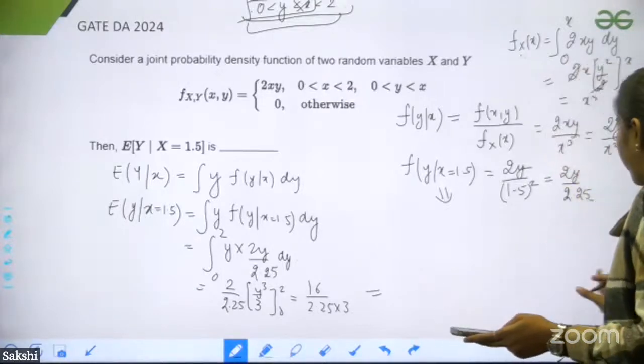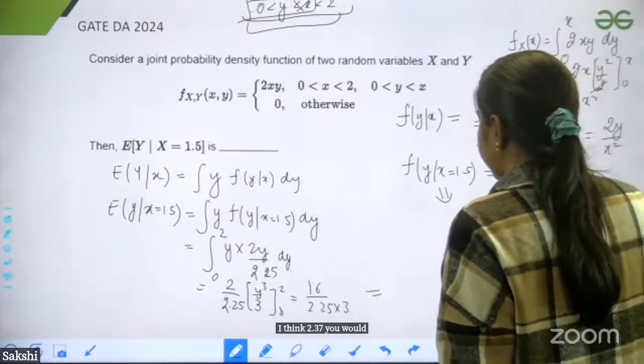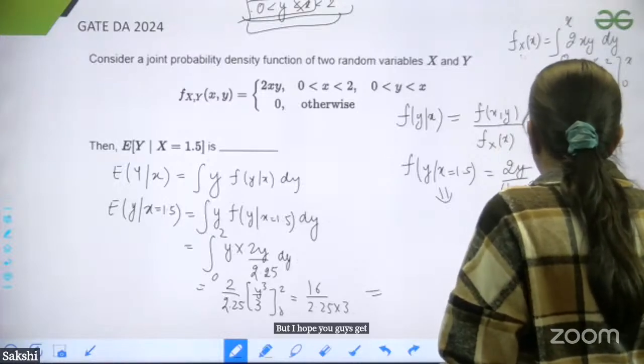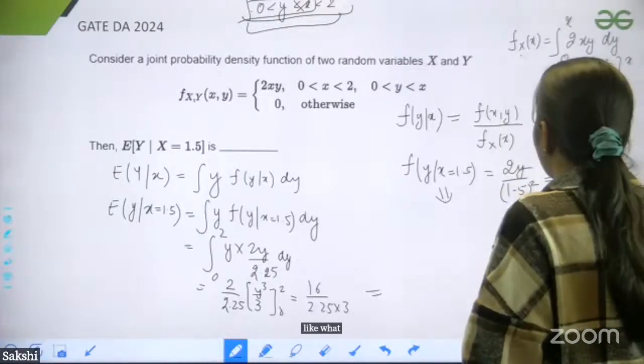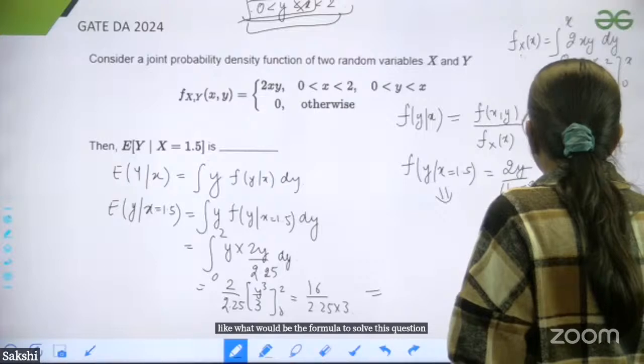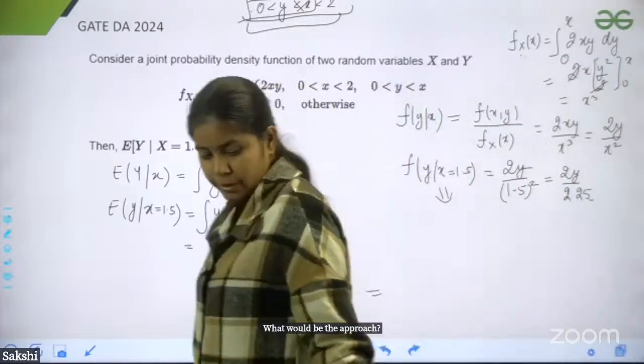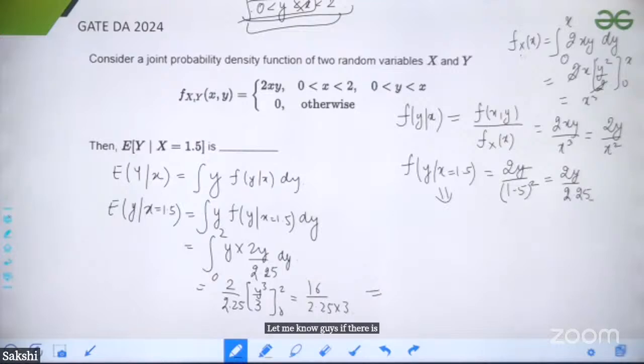I think you would get 2.37 as the answer. But I hope you get what the formula is to solve this question. What would be the approach? Let me know, guys, if there is any confusion.